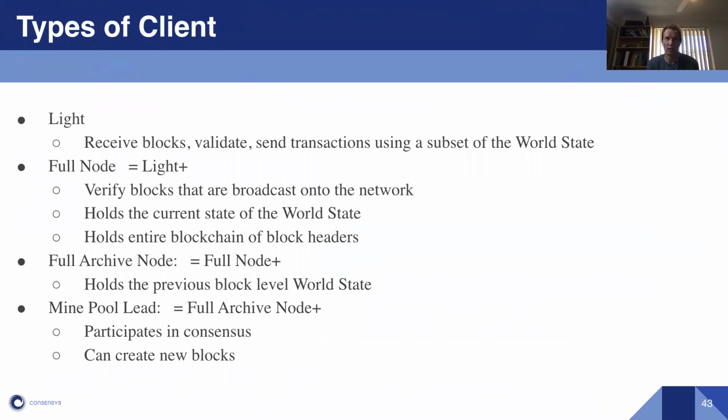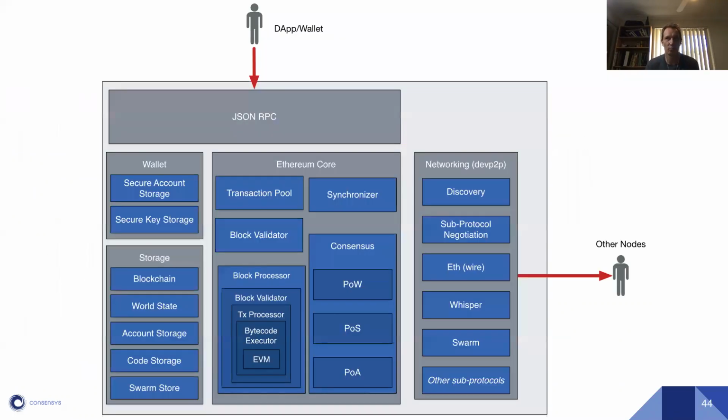So again, the types of clients that we've just gone through, this is a nice reference slide for you to look at in the future. We've already talked about everything that's here. And again, just for our reference, that's our full client that we've talked through. So this is the high-level architecture.